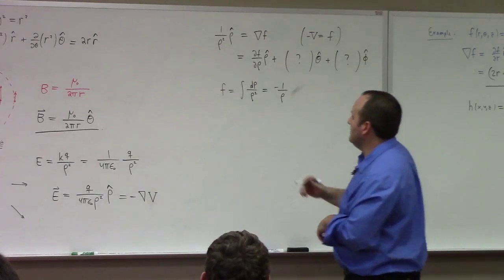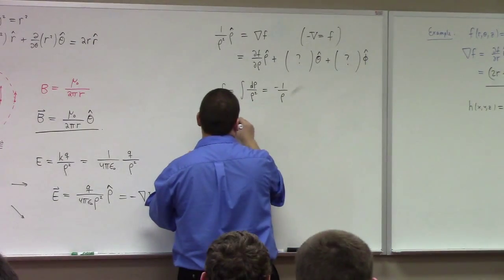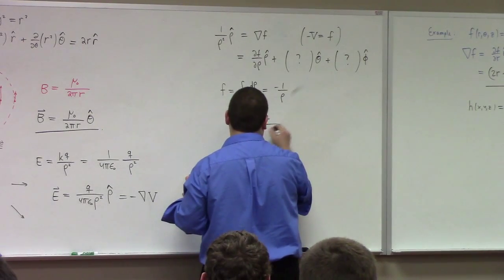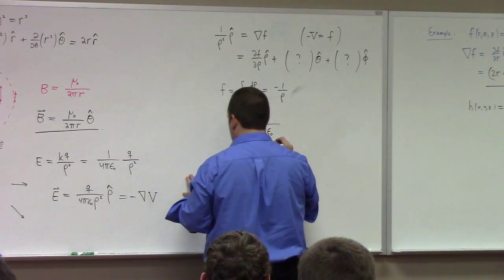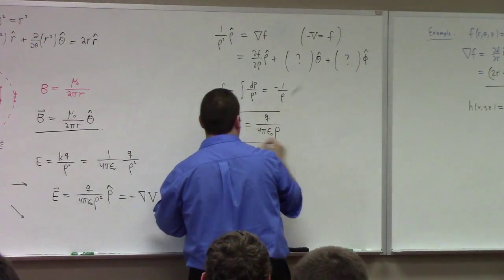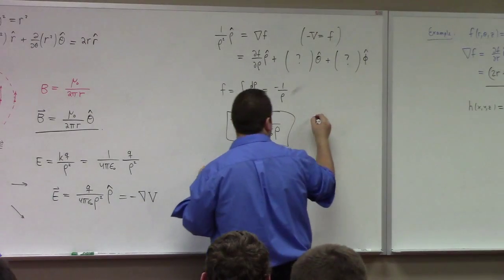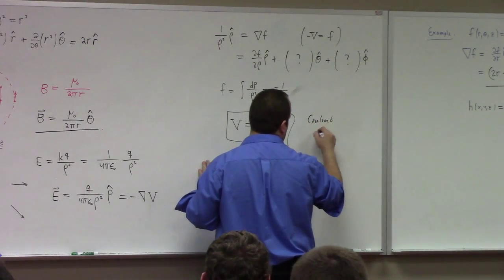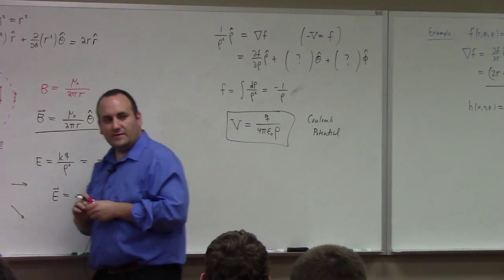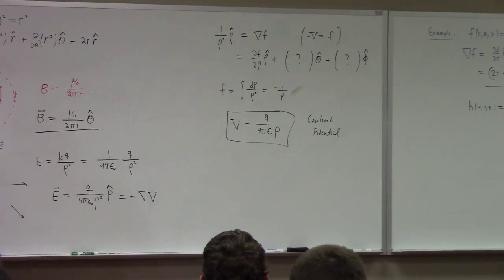And so there you have it. The potential, putting the constants back in, would be something like q over 4 pi epsilon naught rho. And indeed, that is the so-called Coulomb potential. If you take the gradient of that, you get back the Coulomb field. You get the 1 over rho squared rho hat field.